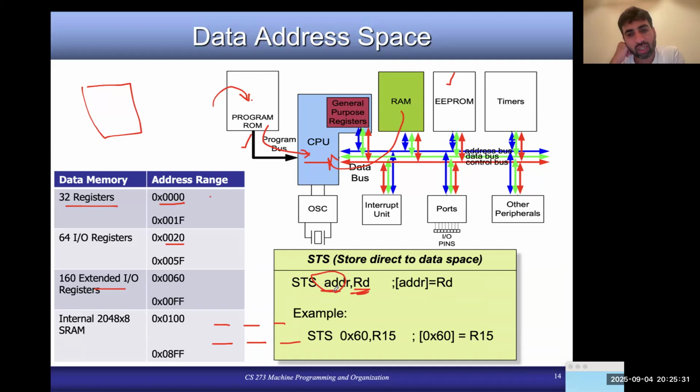For example, if there is a restriction on which registers can be used, R0 to R31 or R16 to R31. As far as I remember, it is R0 to R31. But to be sure, just go to the appendix and have a look at that.